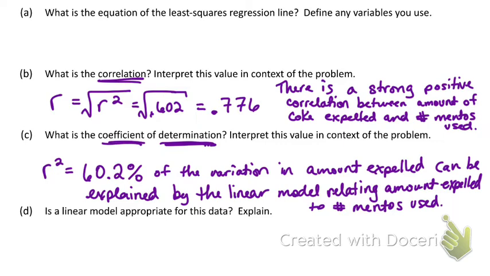But if you're only going to remember one sentence from this unit, let it be the R squared sentence. It is the percent of the variation in the y variable that can be explained by the linear model relating the y to the x.